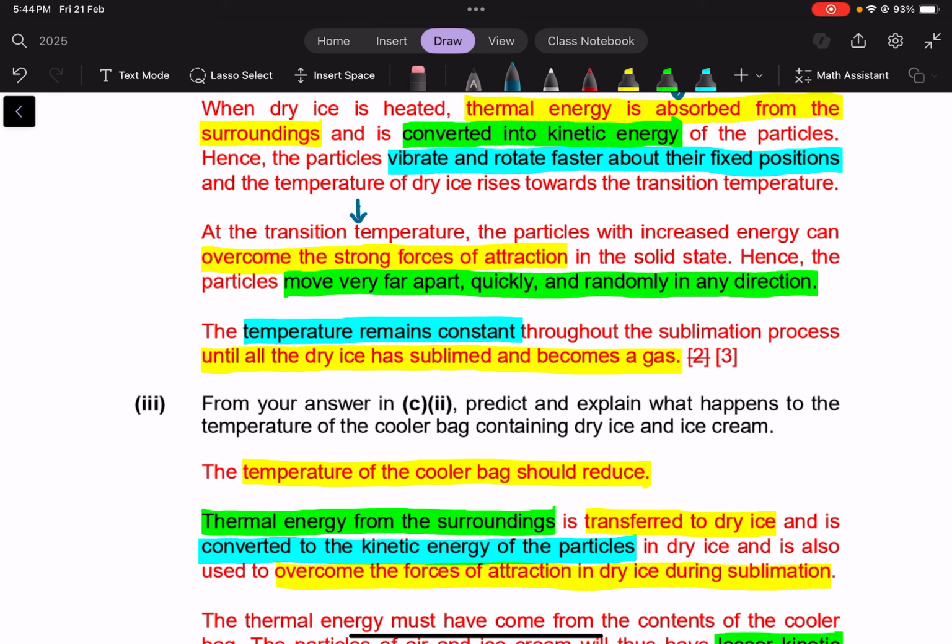What happens to the forces of attraction because of this increase or decrease in KE? Explain that portion. Then after that, list down the change in the motion of the particles. Then link it to the final arrangement of the particles.